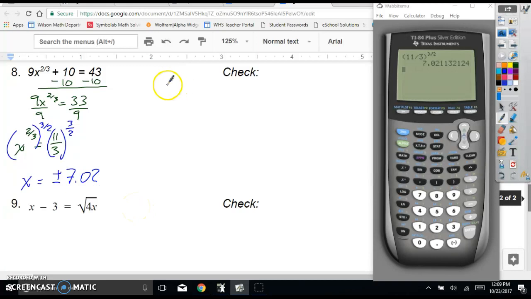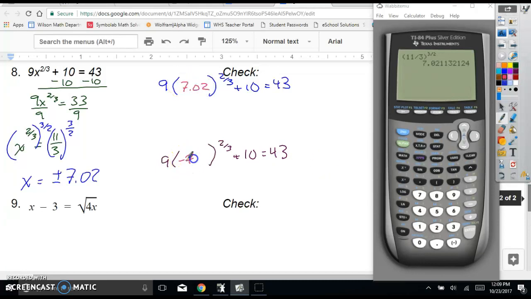As far as our check goes, go back to the original. Here's my first one. And I'm going to have to do this twice because I have two answers to check. My first time, I'm going to plug in positive 7.02. My second time, I'll do negative 7.02.